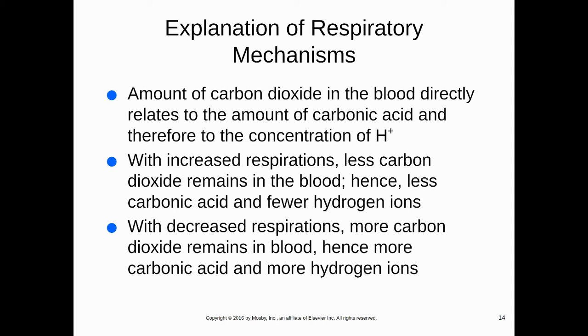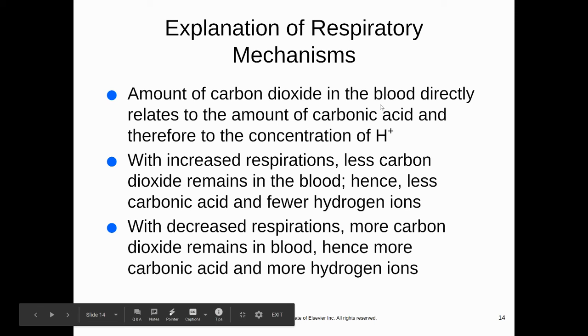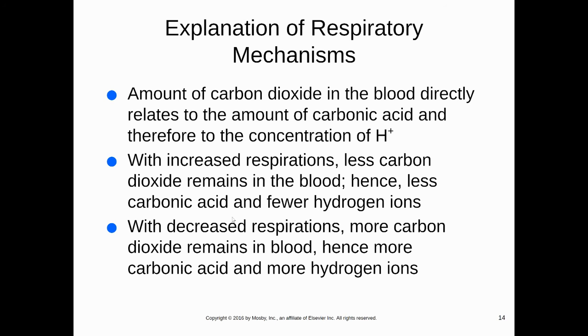Whenever we're talking about respiration, the amount of carbon dioxide that goes into our blood is directly related to the amount of carbonic acid, and therefore the amount of hydrogen ions in our blood, because the hydrogen ion reacts with carbon dioxide to form carbonic acid. If you have more respirations, you have less carbon dioxide because you're getting rid of it.